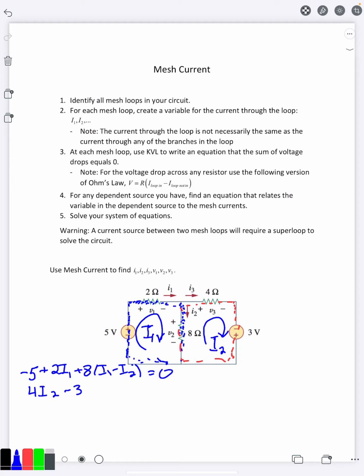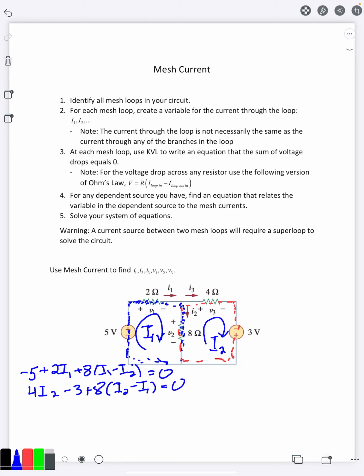And then I get to the middle resistor, and you might say, well, I'm going on the negative side, so I should put a negative in front. But then I do the I1 minus I2, and you write passive sign convention, all of that stuff, or just train yourself to it's always going to be plus, not ever minus, always plus, resistance times loop we're in, and I'm currently in loop 2, minus loop we're not in, I1 equals 0.